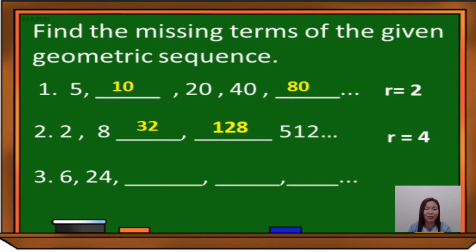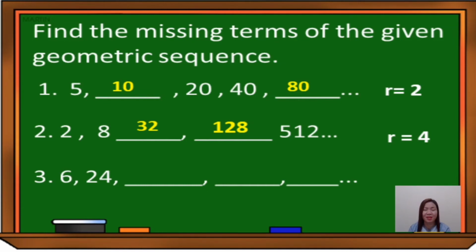Okay, are you done for that, or not yet done? Not yet? Okay, so the example we have is 6, 24, blank, blank, blank.